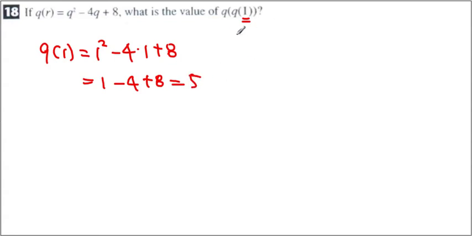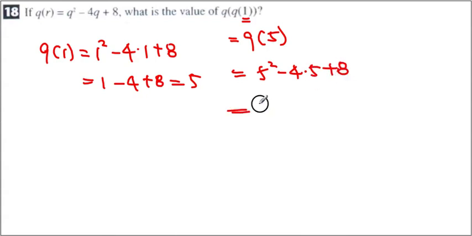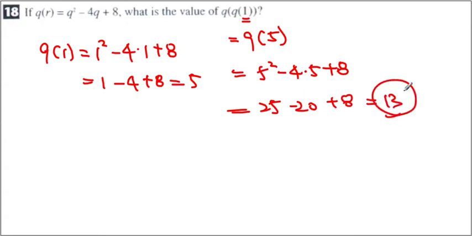So the next one should be equal to Q of 5. Once you plug in 5, we get 5 squared minus 4 times 5 plus 8. Then we get 25 minus 20 plus 8, which becomes 13. So 13 becomes our final answer.